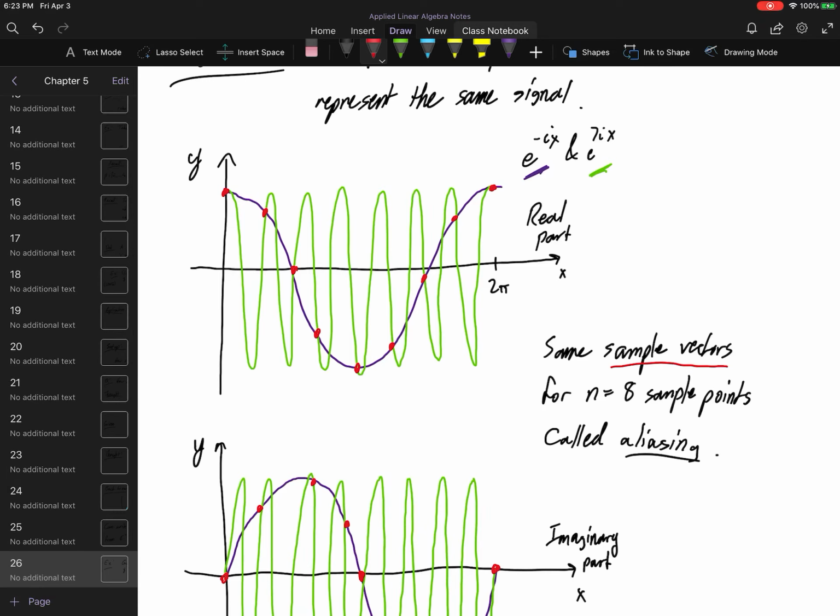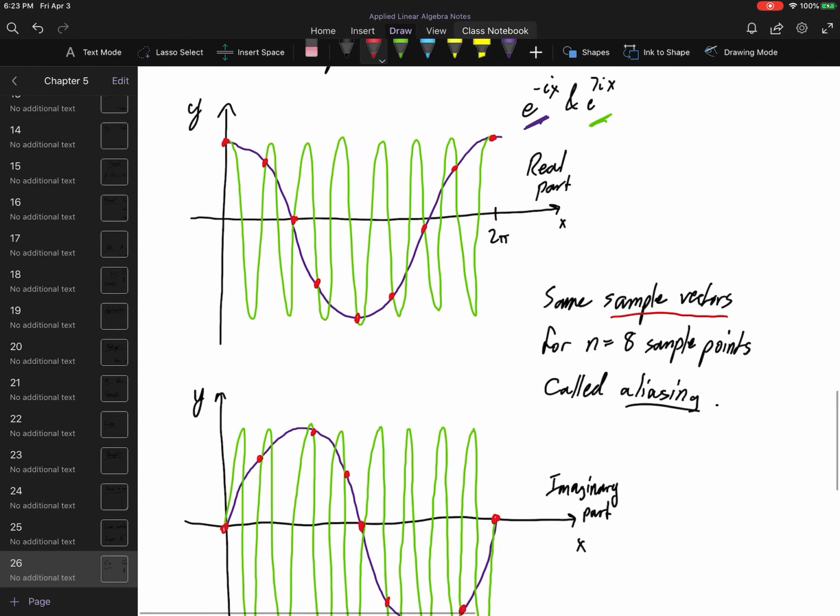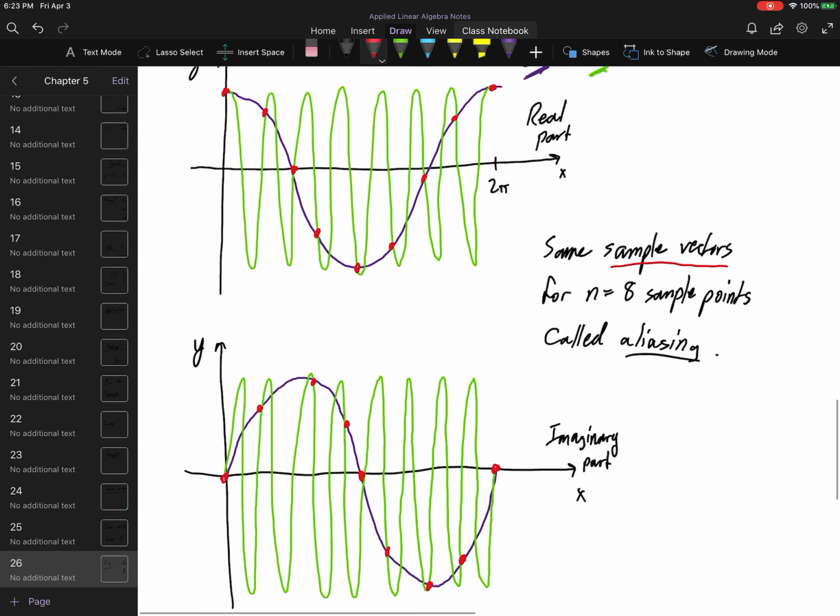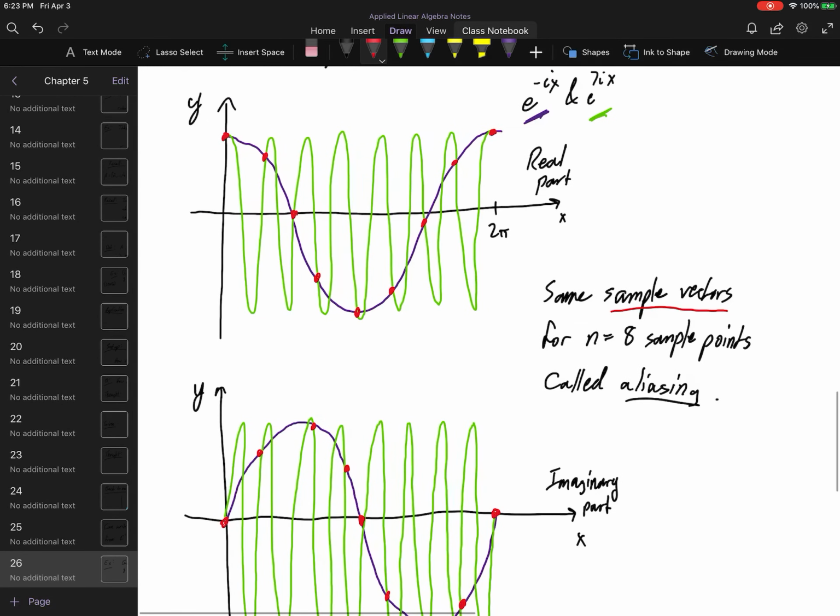But notice that these sample vectors, if I sample them at these 8 equally spaced sample points, will actually agree with each other. So the point is that there are many different ways for us to create the same signal with these complex exponential functions. And you want to be very careful with that because this is called aliasing.